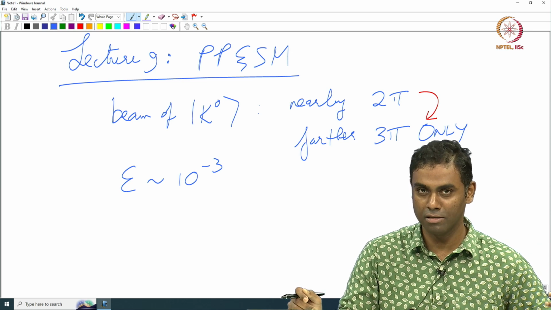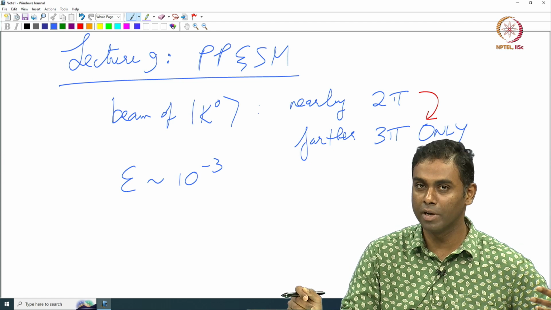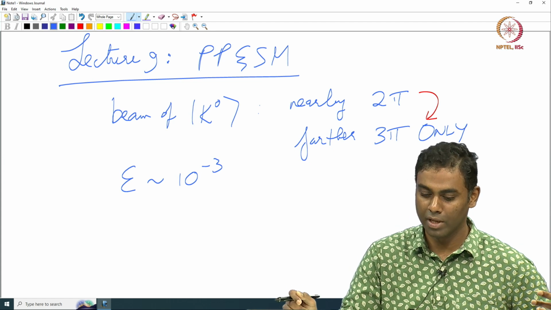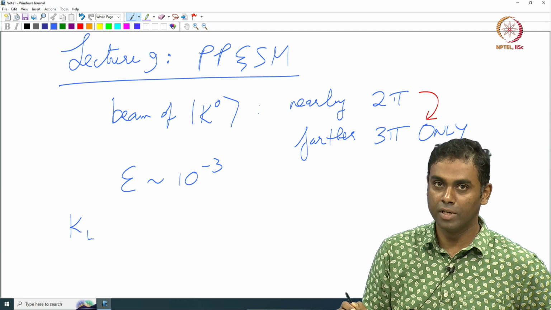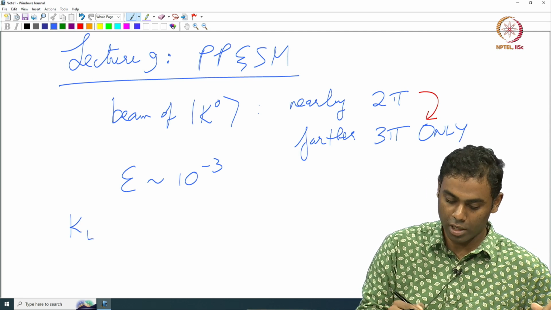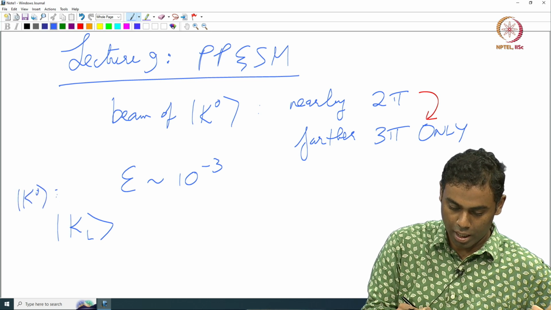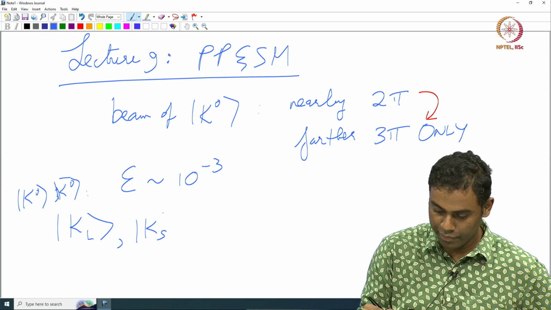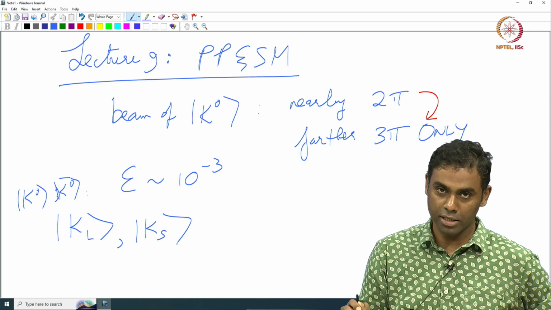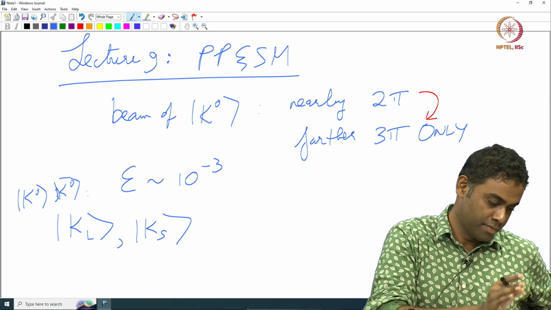If that is the case, what we can ask them to do is, they would also know how to prepare eigenstates, right. And we saw that after we knew there was CP violation, we could now write K0 and K0 bar in terms of K long and K short eigenstates, correct. So what was K long?